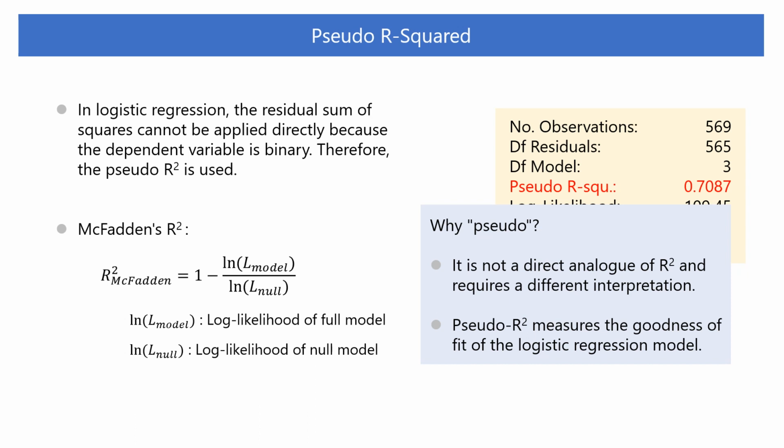Since the purpose of logistic regression is to predict probabilities, pseudo R squared is not a direct analogy of R squared. Since the pseudo R squared is a measure of the goodness of fit of the logistic regression model, it requires a different interpretation than the R squared in linear regression.